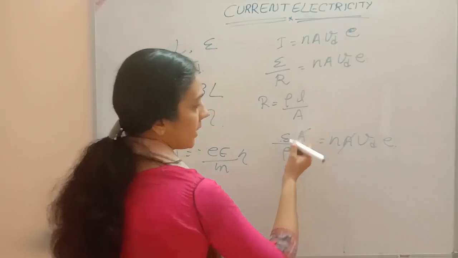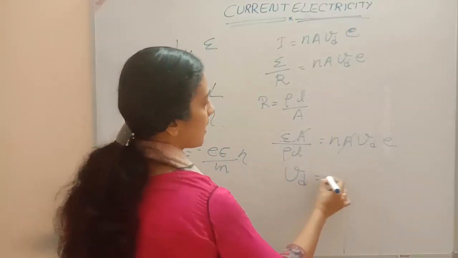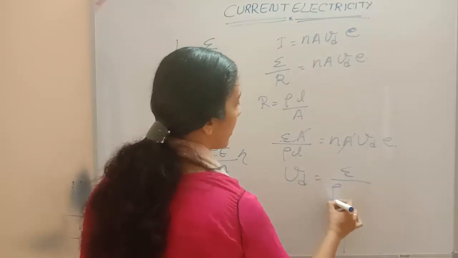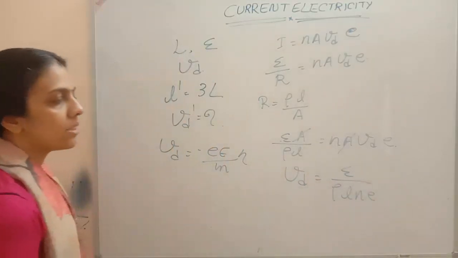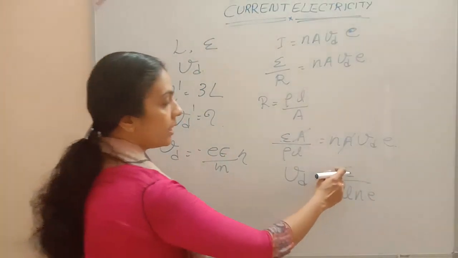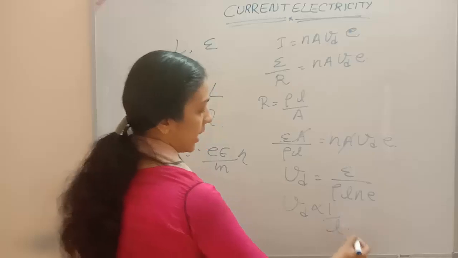A and A will get cancelled. So we are getting Vd is equal to E divided by rho L N e. Clear? So Vd is inversely proportional to L.